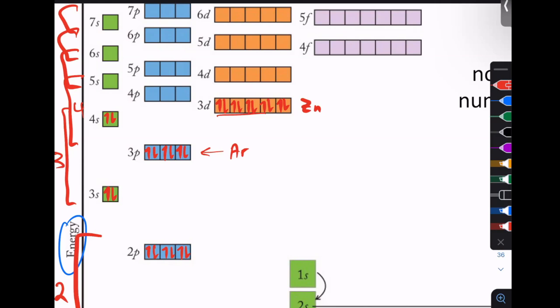4p is next. So now if I go in, I'm back in the p block. This aligns with our organization of the periodic table. So now we've got gallium and germanium and arsenic and selenium and bromine, and finally we get to krypton. But those are now going into the 4p block, and you can see those as they're mapped on the periodic table.